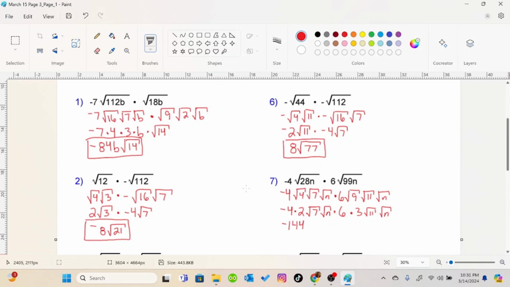Square root of n times the square root of n is n, and the square root of 7 times the square root of 11 is the square root of 77. So our final answer is negative 144n times the square root of 77.